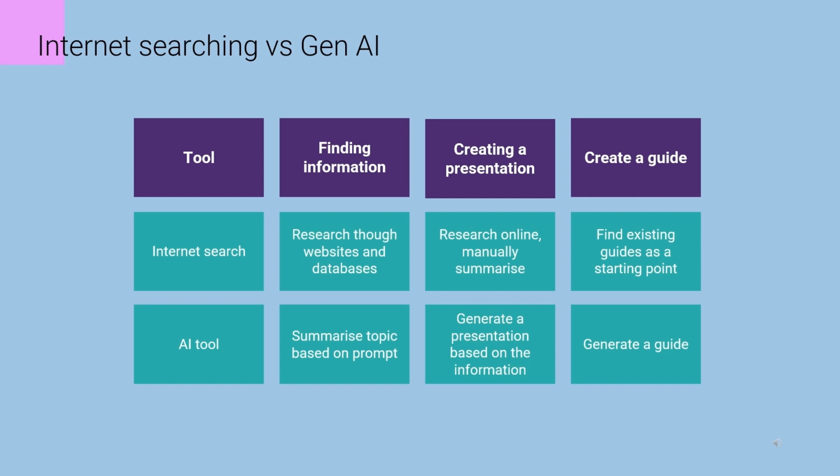Then we would manually summarise this information to create the presentation and search again potentially for templates and additional resources to then move on to create a guide. In comparison, with an AI tool like ChatGPT or Microsoft Copilot or Google Gemini, we can use a simple prompt to ask for information on a topic, then generate a summary and even a guide in a fraction of the time. This streamlines the process significantly.